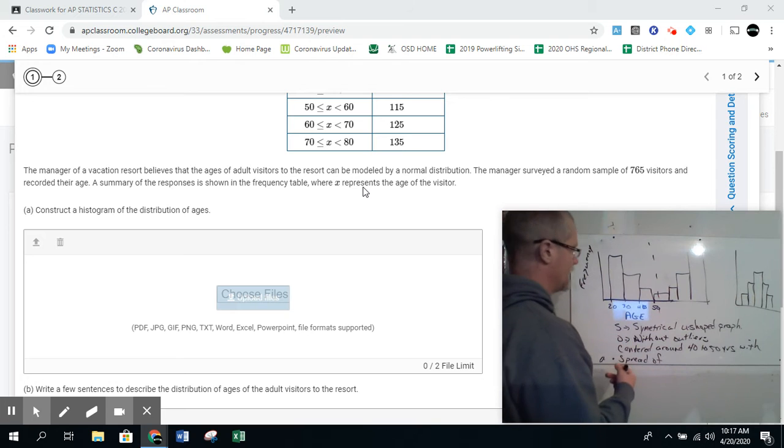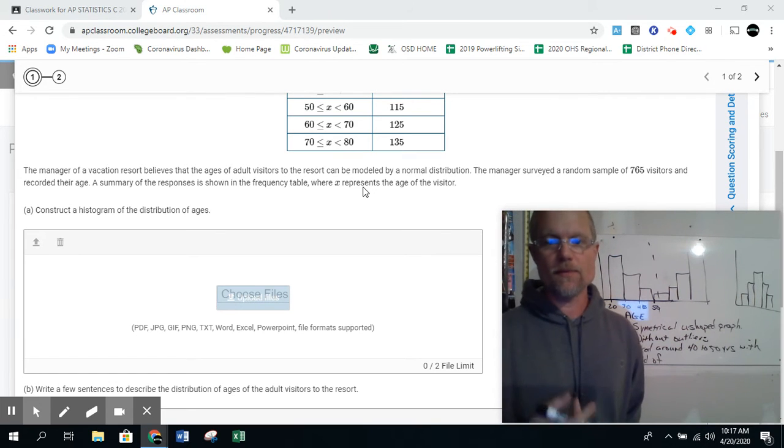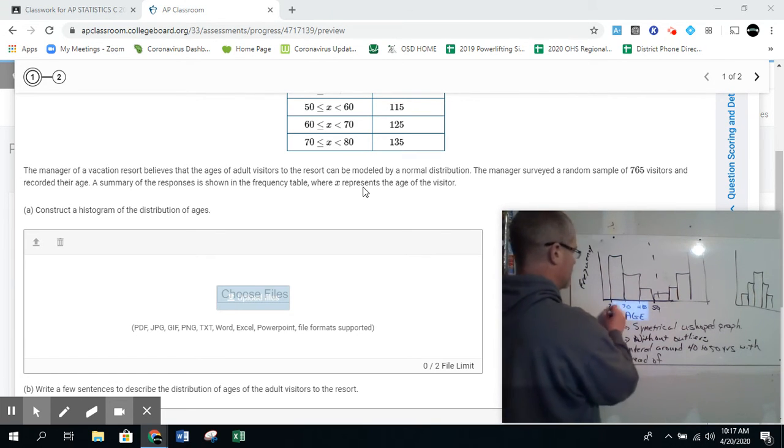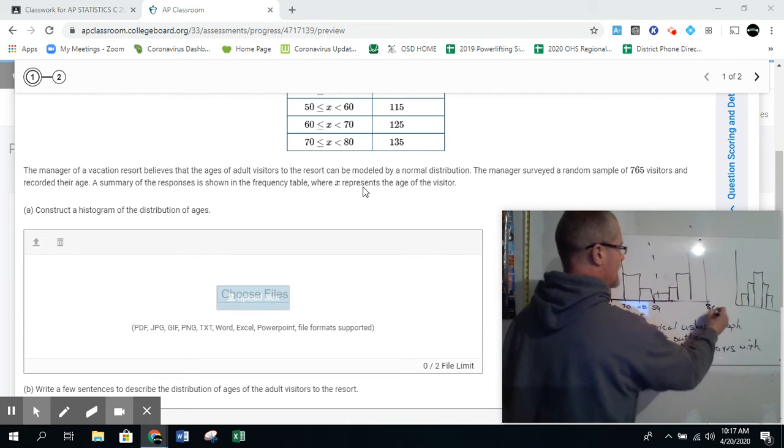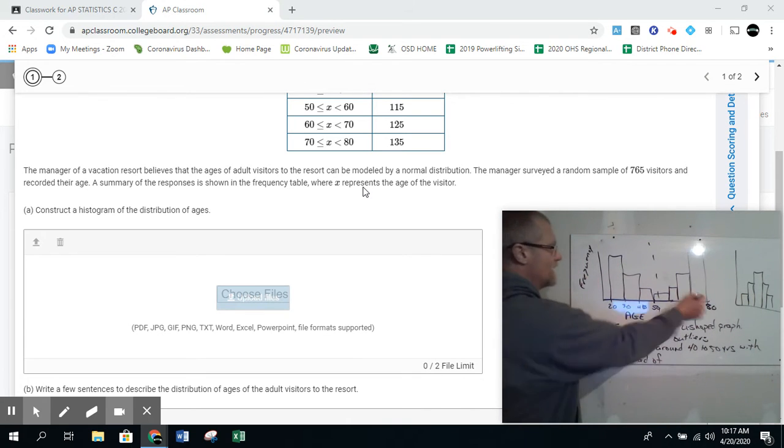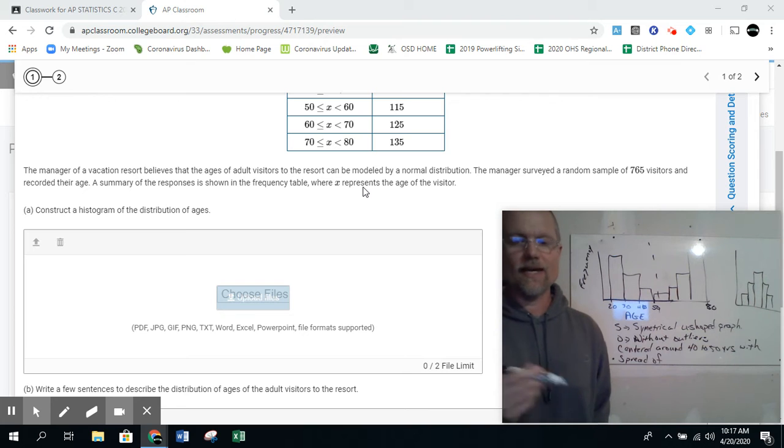So the spread, we can use the range, but we've got to be careful because we don't know. We know this end is 20 and we know this end is 80, but we don't know where the data is. We ran into this a couple other times. If we've got a histogram, we can't tell where the actual data is.